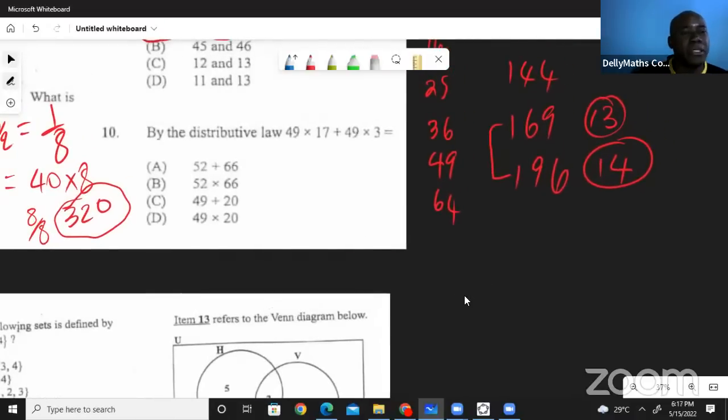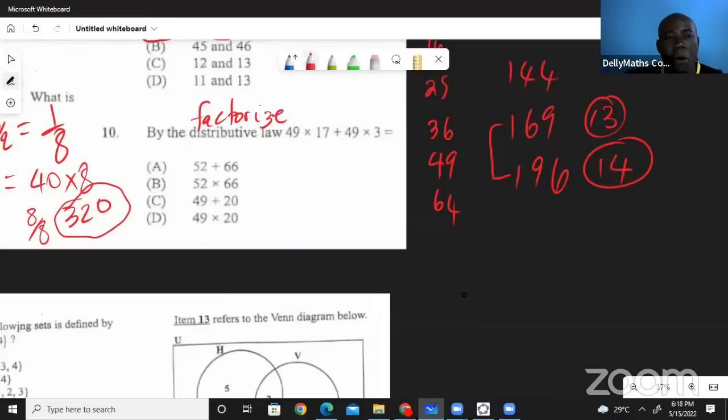We're at number 10. It says by the distributive law, 49 times 17 plus 49 times 3 is what? We could employ a quick factorization here. We're going to factorize that common factor. A lot of people think at times that numbers don't factorize. Yes, we factorize the same.